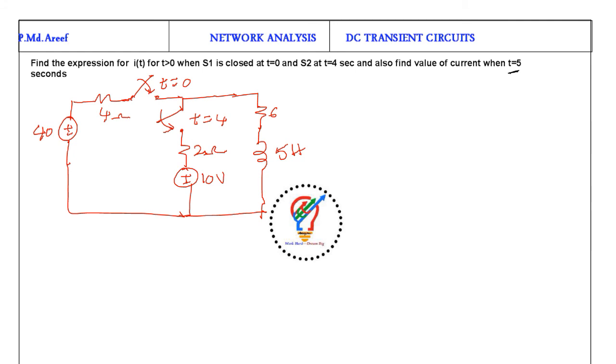Now, for any circuit we first go for t equal to 0 minus. Here there are two switches, let me say S1 and S2, and both are open. S1 and S2 open means there is no current flowing through the inductor, and we assume that at t equal to 0 minus it is steady state, so the inductor acts as a short circuit.